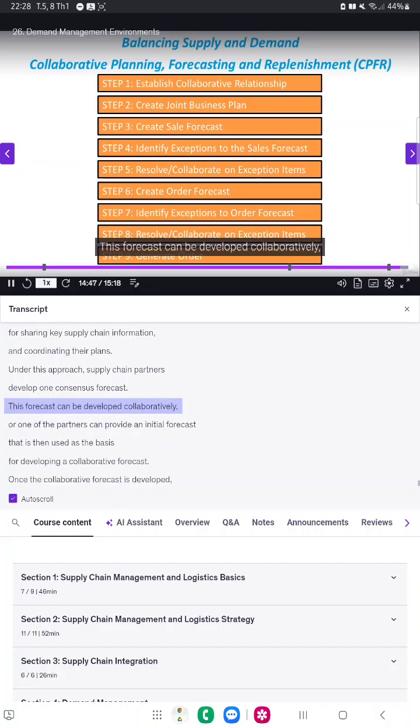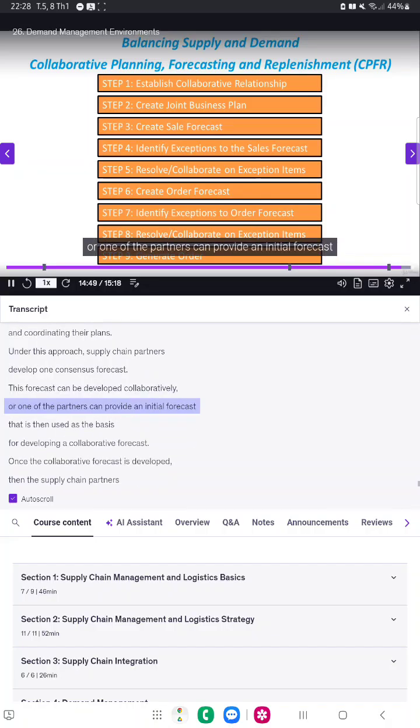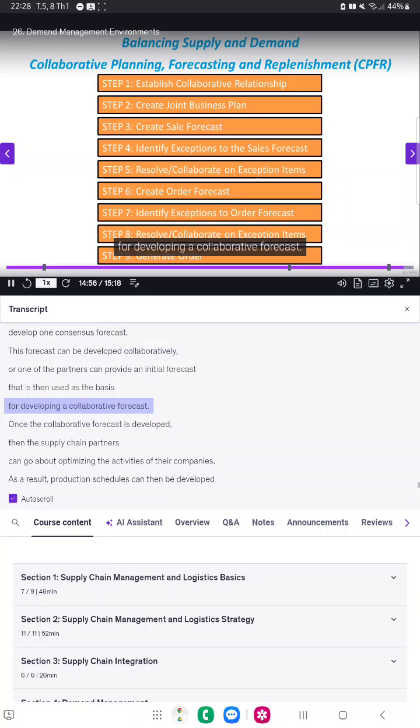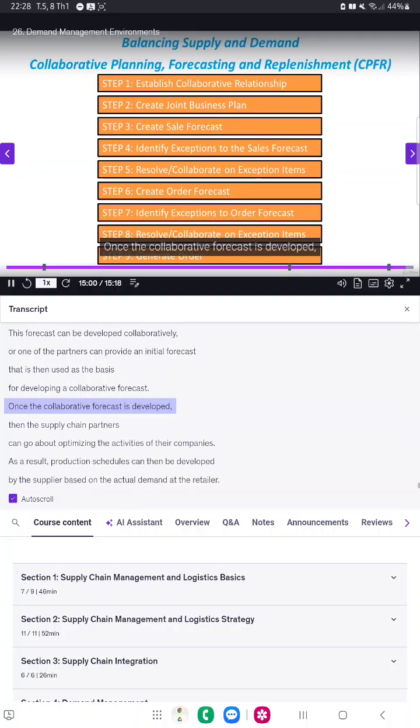This forecast can be developed collaboratively, or one of the partners can provide an initial forecast that is then used as the basis for developing a collaborative forecast. Once the collaborative forecast is developed, then the supply chain partners can go about optimizing the activities of their companies. As a result, production schedules can then be developed by the supplier based on the actual demand at the retailer.